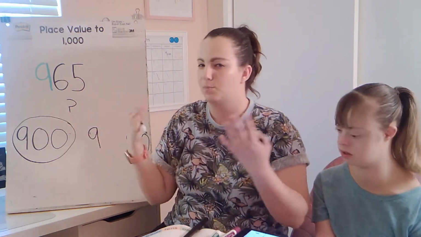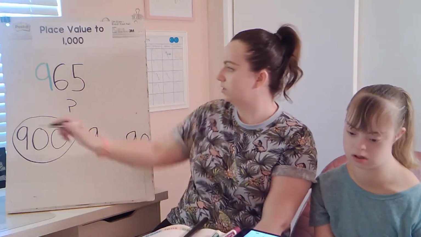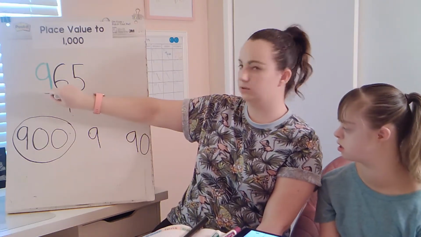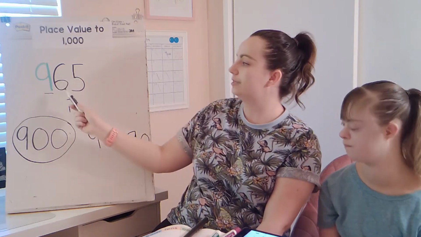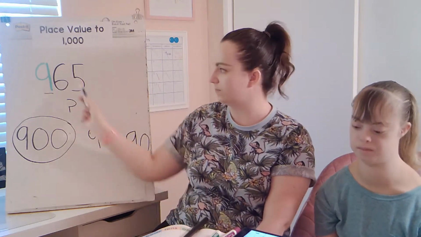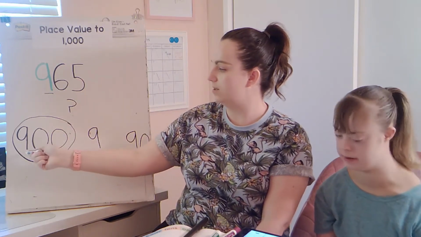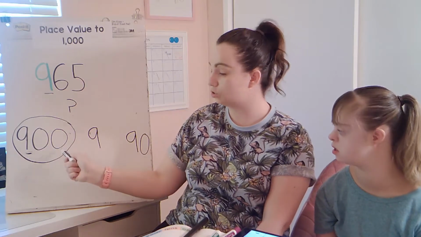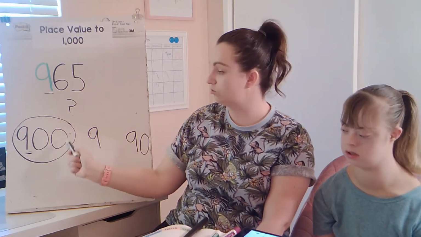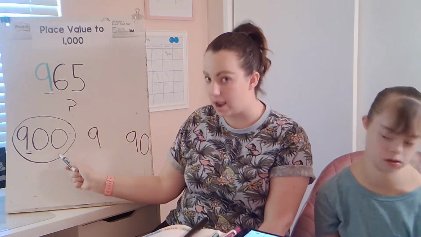965. Plus another little clue to help you with the place value. Look, 9 is over here in the 100 spot. There are 2 digits next to it. If you look down here, there's the 9, and then once again, 2 zeros to hold the place of the 65.